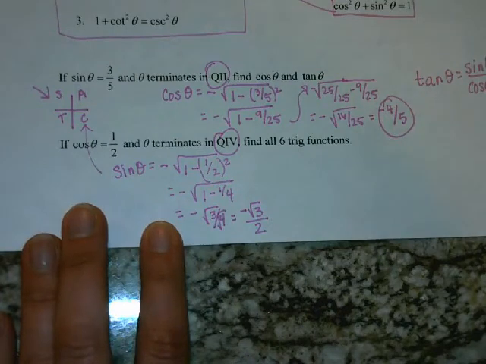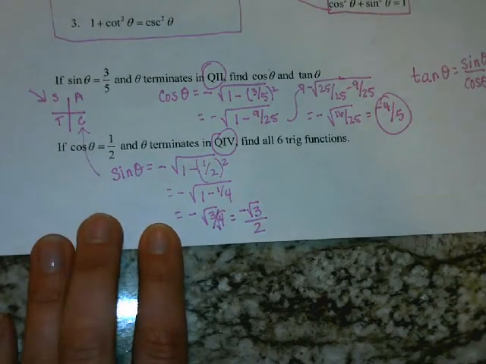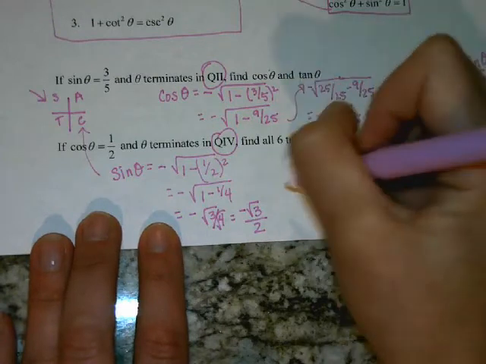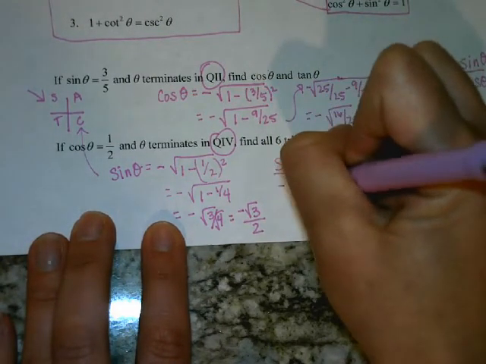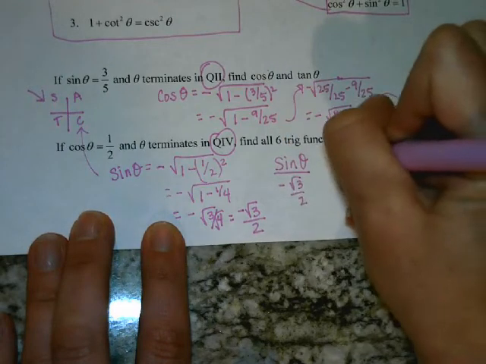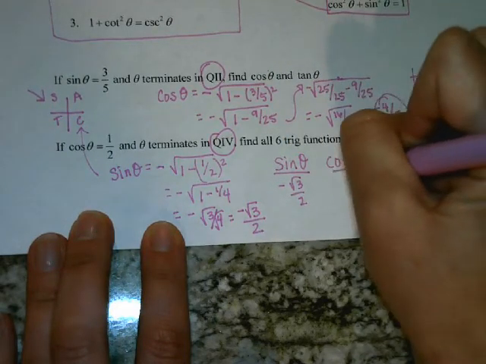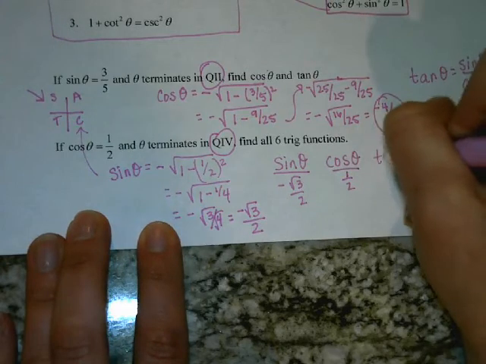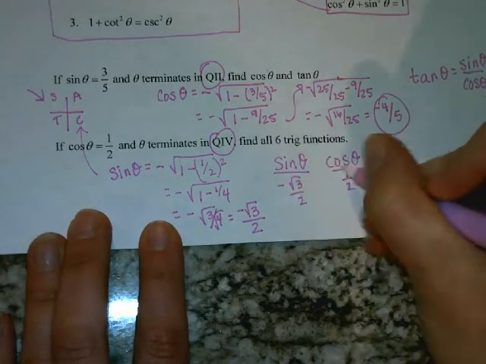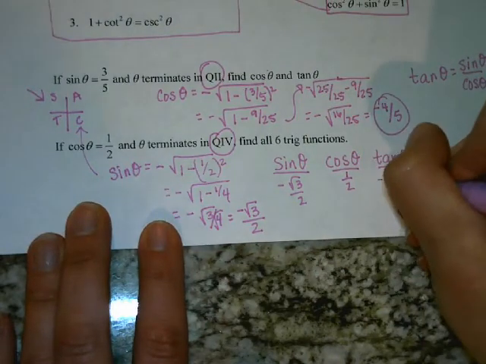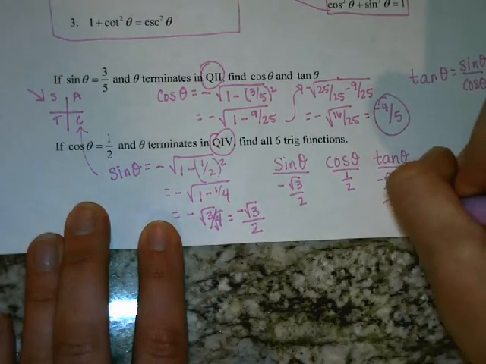All right, I have sine and I have cosine. I'm just going to make a little chart. So sine, we have negative root 3 over 2. Cosine, they gave us, is 1/2. Tangent, we can take sine and divide it by cosine. Negative root 3 over 2 over 1/2.